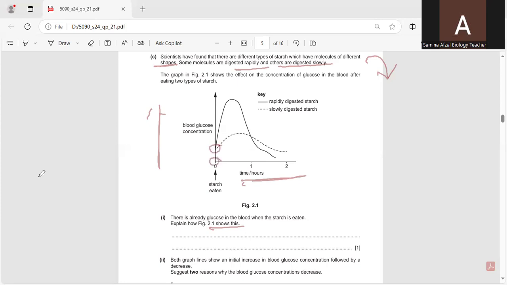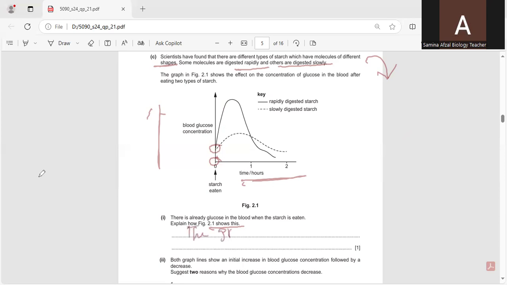So it shows that starch is already present in the blood, due to which it has not started from the origin.